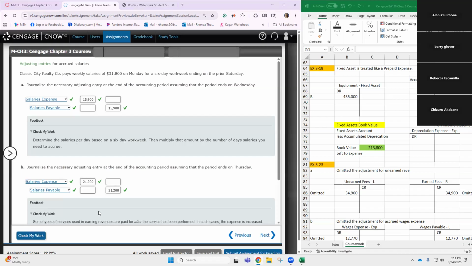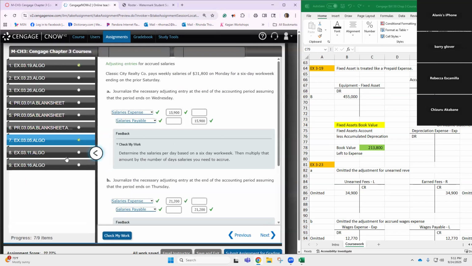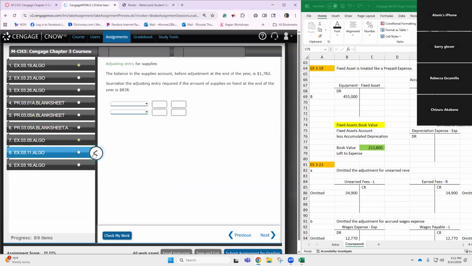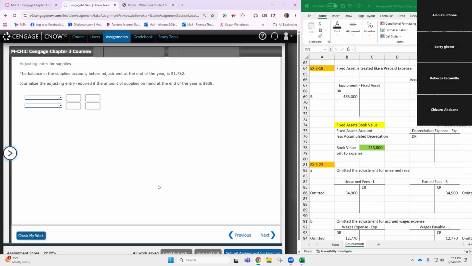It's called the matching principle. We're going to match expenses with the revenues that they help generate each month or each year. And once again, this is an adjusting entry. Adjusting entries happen at the end of the period.